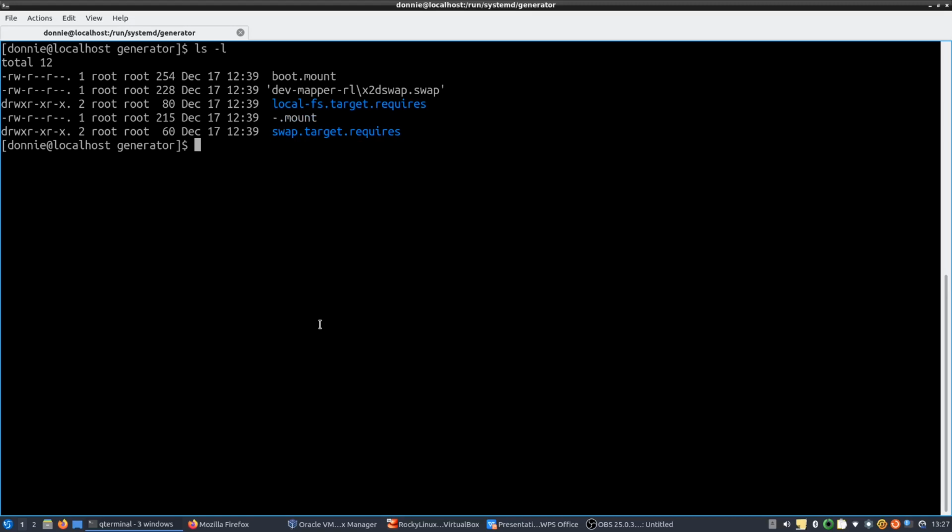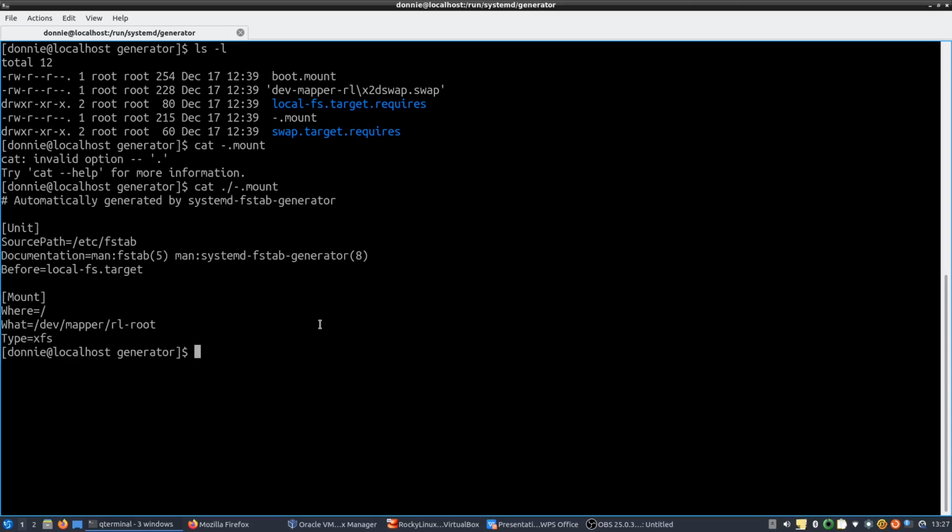Okay, but anyway, there's a special way you've got to look at this. If you just do it like this, you'll get an error because the system thinks that you're looking at some sort of an option, because the dash normally means an option switch. So what you've got to do there is just preface that with a /, and then list the file name, and there you go.